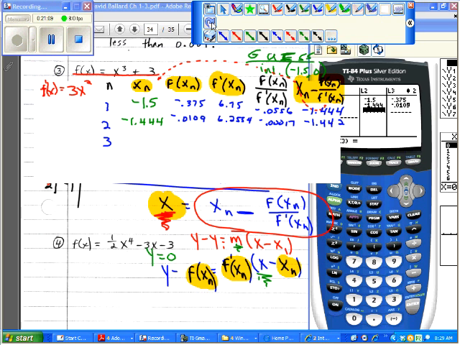Now the directions said go until you have a discrepancy of less than 1,000th on your new x of n, right? Now we're 2,000ths off now, which means we need to do another round. You see what's going on? Okay, so we got negative 1.442. Okay, and then we're going to plug that in.